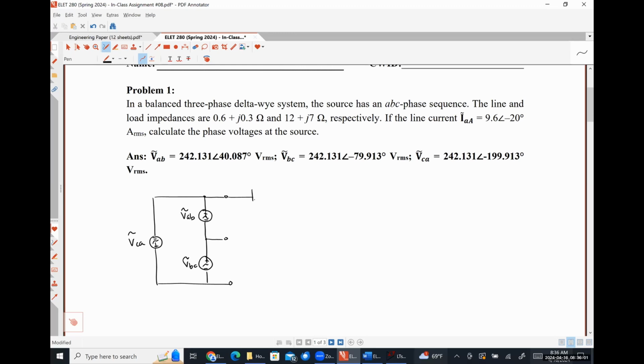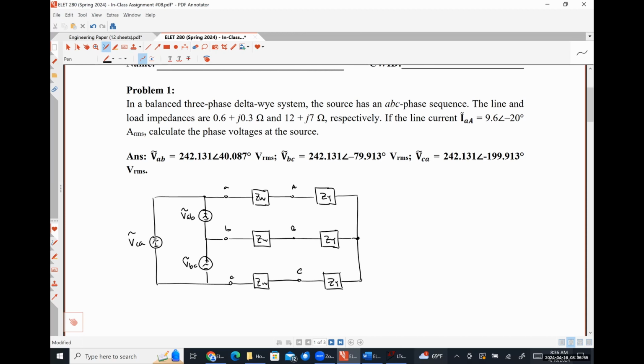Now we have our transmission line impedance, ZW. Transmission line impedance, ZW. And transmission line impedance, ZW. We have a Y connected load. And let's just write things down here really quickly.